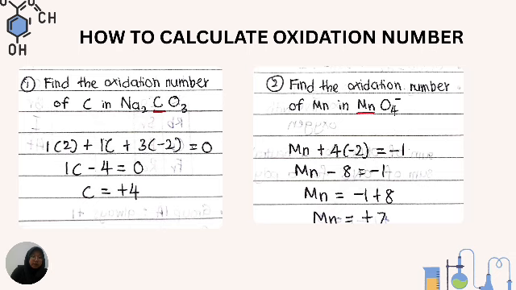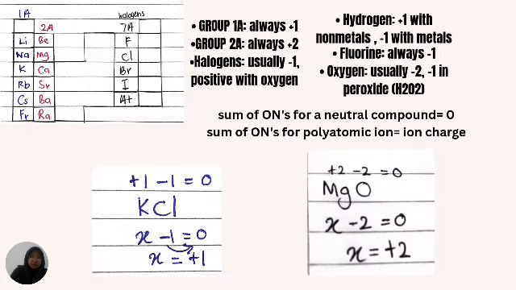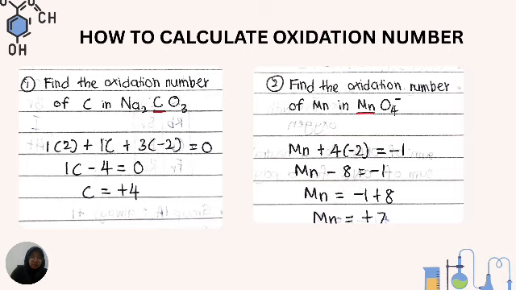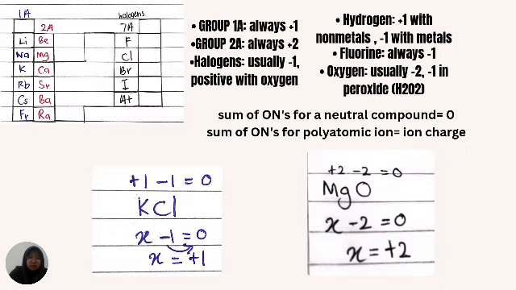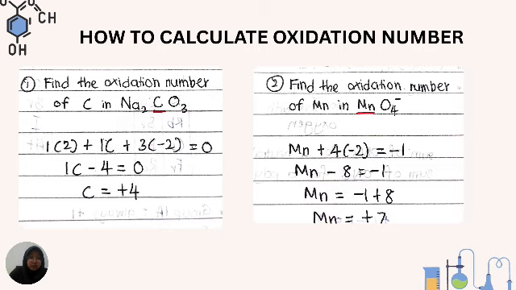We know that sodium is in group 1, so the oxidation number of sodium is +1. So +1 times 2 because there are 2 sodium, plus C because we need to find the oxidation number of carbon, plus 3 times -2 equals 0, because the oxidation number of oxygen is -2 and there are 3, and the sum equals 0 because this is a neutral compound. We do the calculation and we get carbon +4. So the oxidation number for carbon is +4.